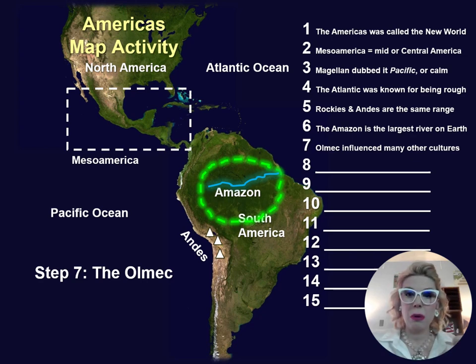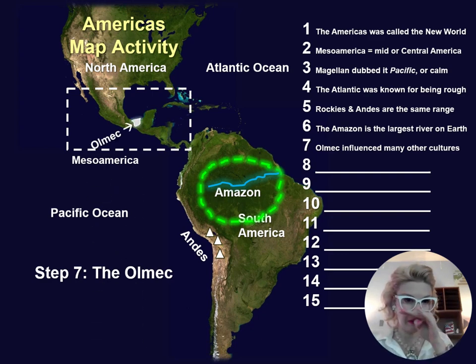But the Olmecs will be tested, I'm almost certain, on the EC through 6 exam, social studies component. Just know that they're one of the first, or known as the mother civilization of Mesoamerica. Okay, and this is where they're located.